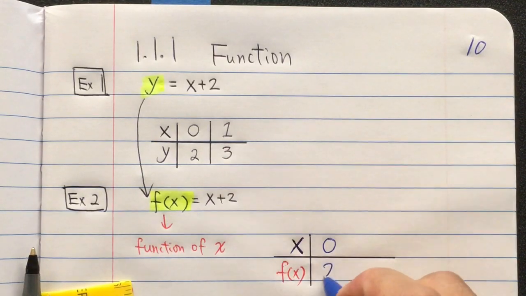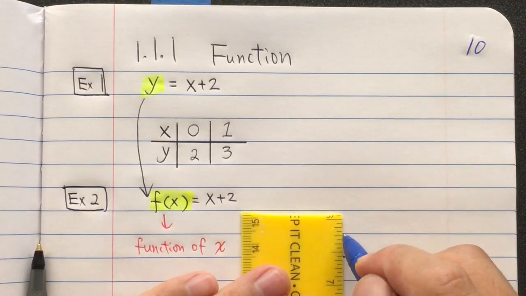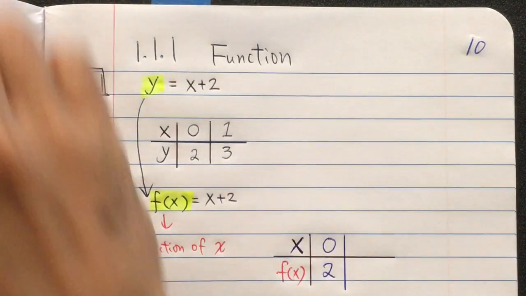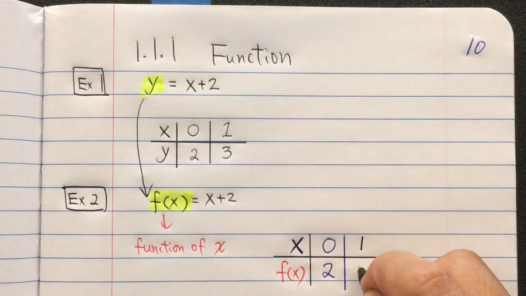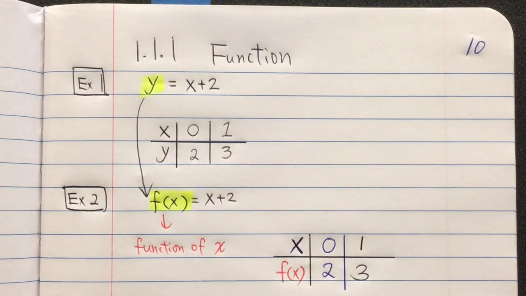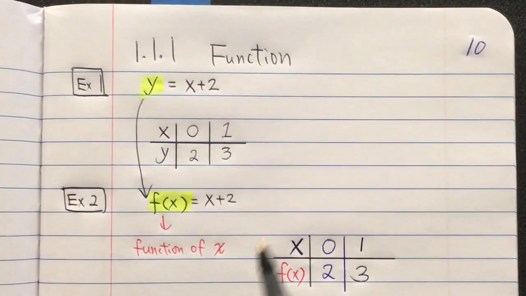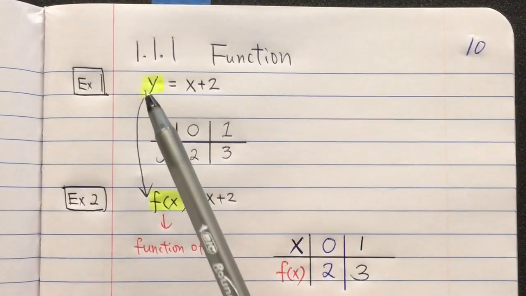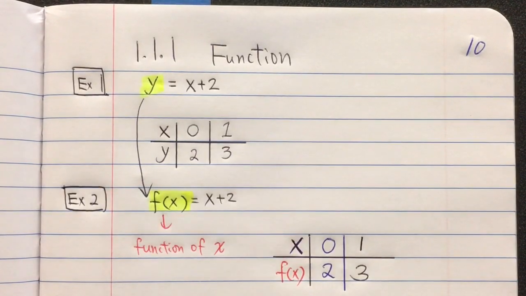That will be 2, same as before. I just changed the notation. When x equals 1, f of x equals 3. That's it. So you may use f or y instead, and it's the same thing. So this is about the function.